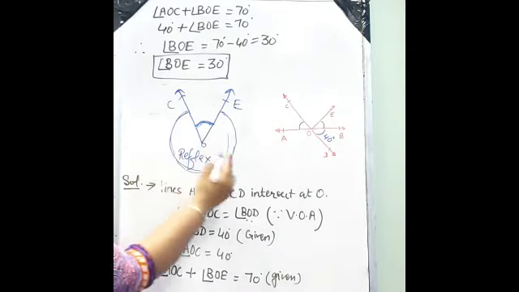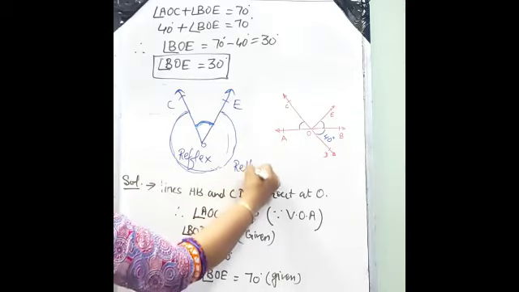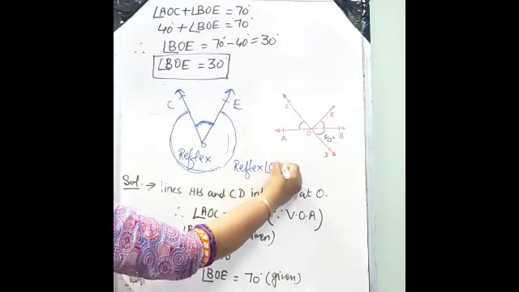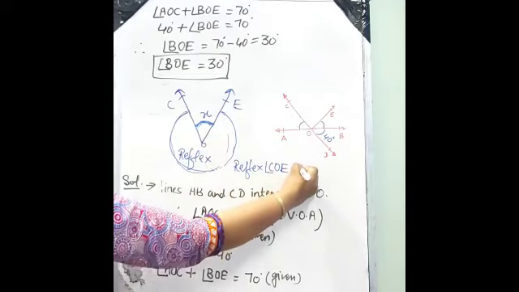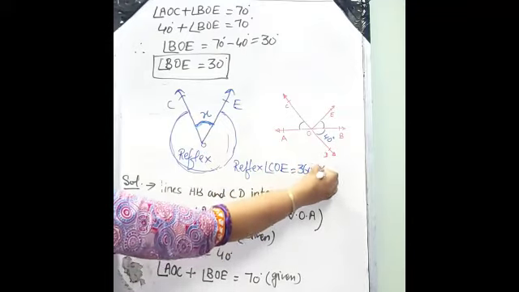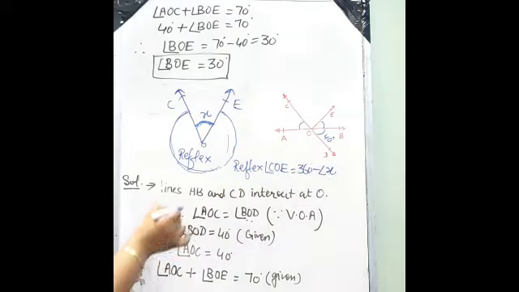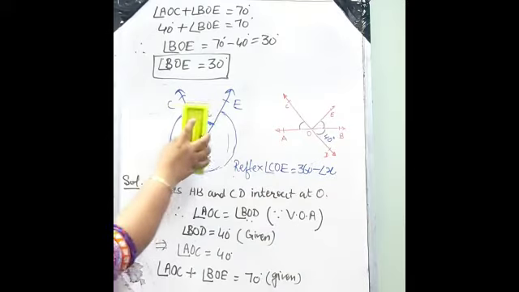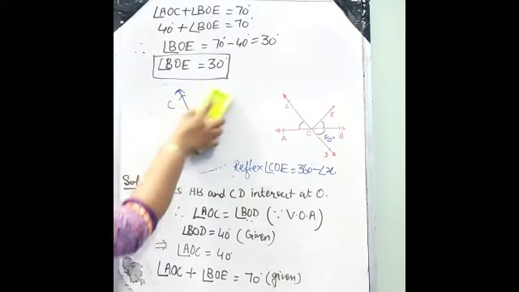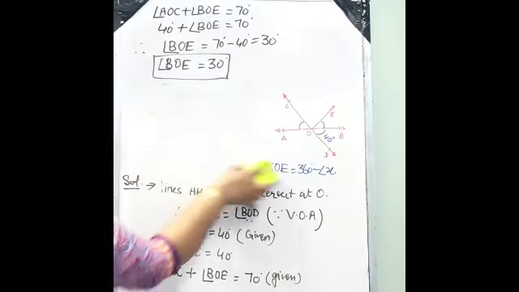Suppose this angle equals x, then reflex of angle COE equals 360 degrees minus x.